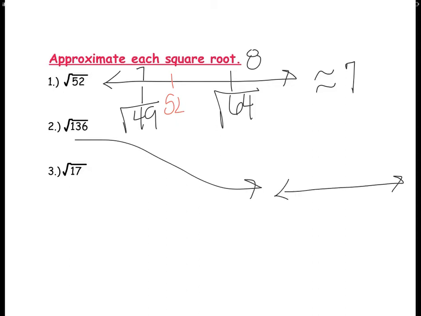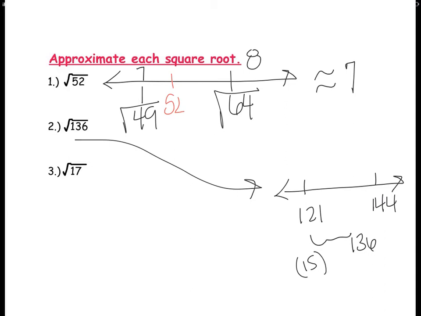Okay, let's think of our perfect squares. Well, 121 is a perfect square, and that would be less than 136. 144 is a perfect square. That would be a little greater than 136. So let's think, 136, is that closer to 121 or closer to 144? You may say, well, it's pretty close to the middle. And that's true, but let's think for a minute. From 121 to 136, I would go up 15 spots on the number line.